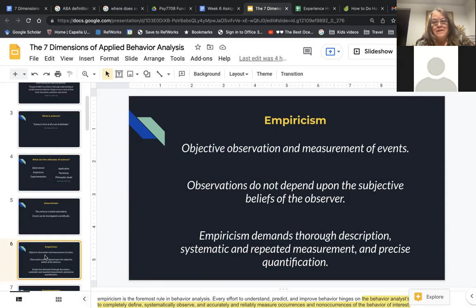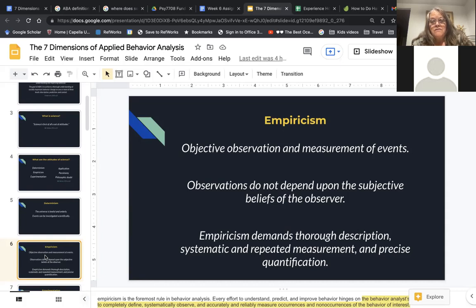We don't follow any of that because it can't be seen, it cannot be observed, it cannot be validated by a second observer. Those kinds of assumptions are based on the subjective beliefs of the person who is trying to describe what's going on. So empiricism demands thorough description, systematic and repeated measurement, and precise quantification.